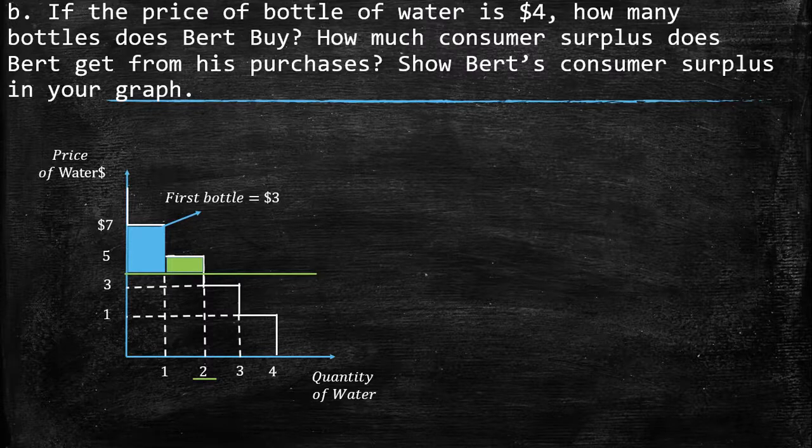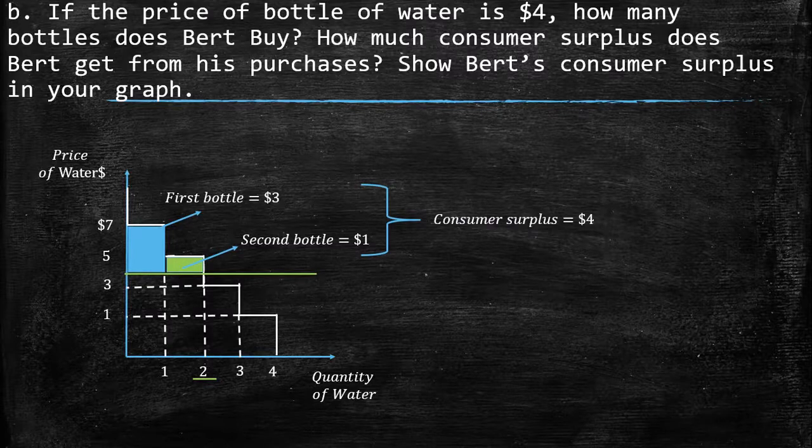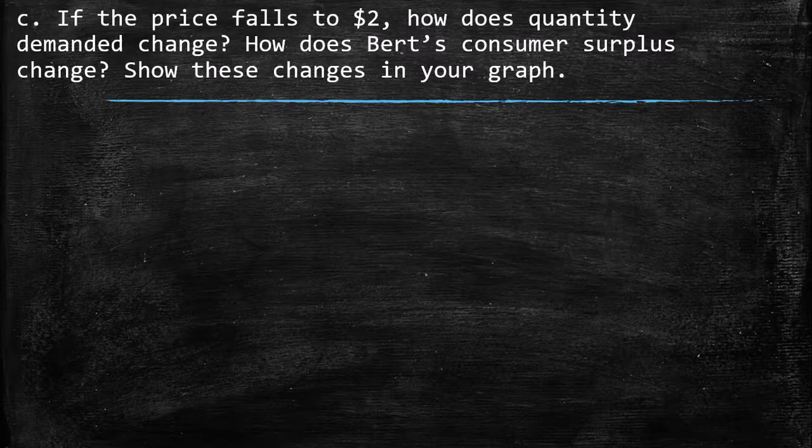For the second bottle, remember that Bert will pay even $5, but instead of paying $5 for the second bottle, Bert will pay $4. So the second bottle has a consumer surplus of 1. If we sum both, we have a consumer surplus of $4.